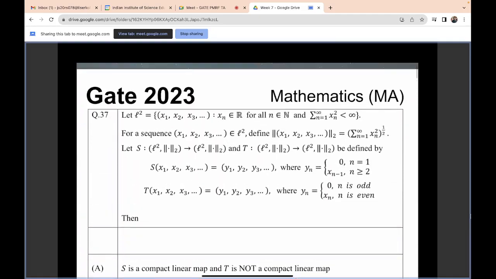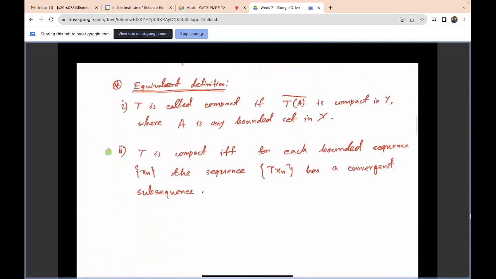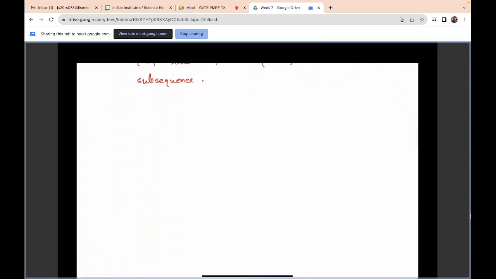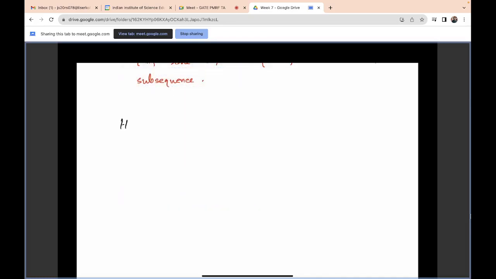Okay, so two operators are given, S and T. What is S? Here, first let's do it for S. S is an operator from L2, this is a sequence space with this L2 norm, to again L2.